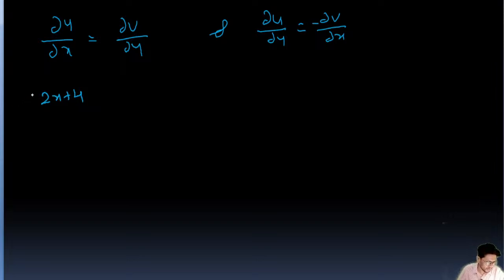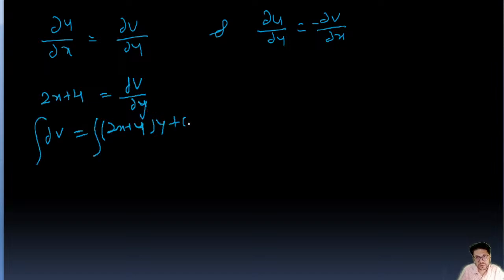We differentiate with respect to x, so it is 2x plus 4, and this is del v over del y. So dv equals (2x plus 4) dy. Integrating with respect to y plus constant c1, v equals 2xy plus 4y plus c1.